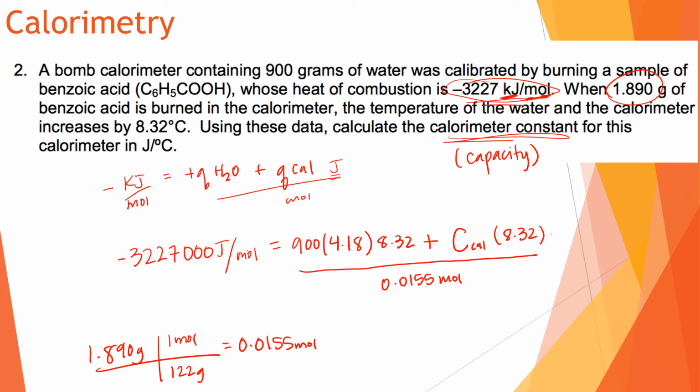So I'm going to multiply 0.0155 times the joules per mole, and I get 50018.5 equals, I'm going to multiply all this together, plus 8.32 times the calorimeter capacity.